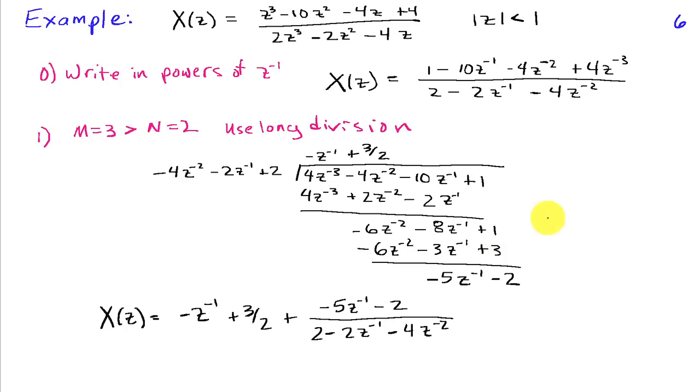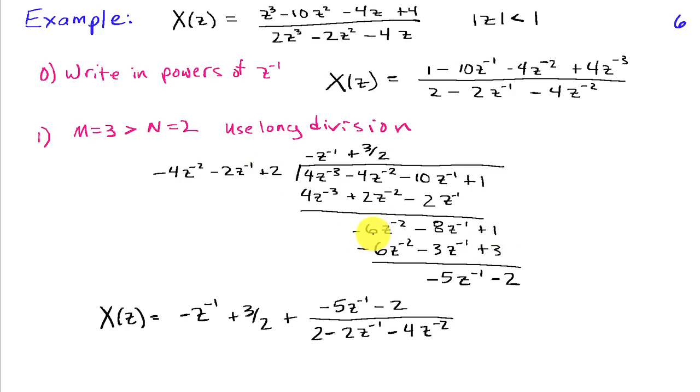Now I could put this over the denominator, and at this point we'd see that the order of the denominator, which is 2, is equal to the order of what would be in the numerator, which is also 2. So I need to divide again to reduce the order further. So I want to divide negative 4z to the minus 2 minus 2z inverse plus 2 into this term here.